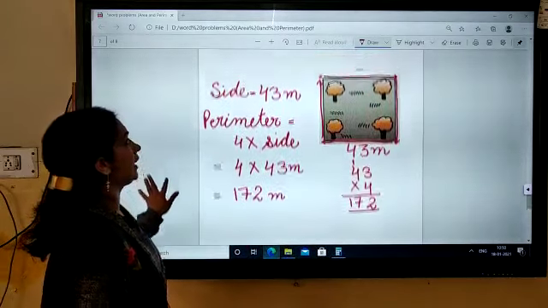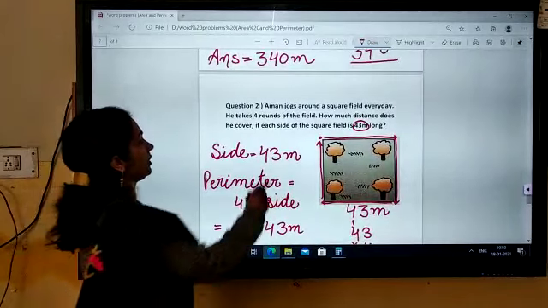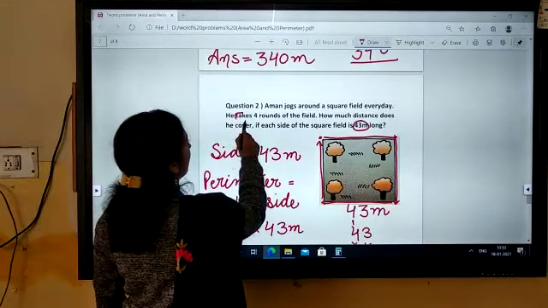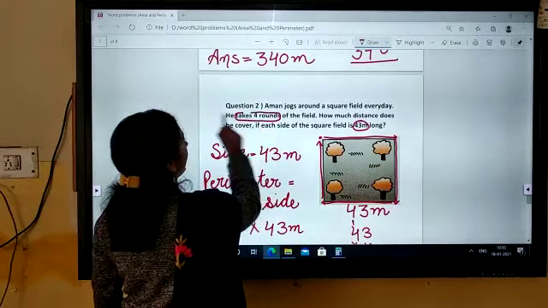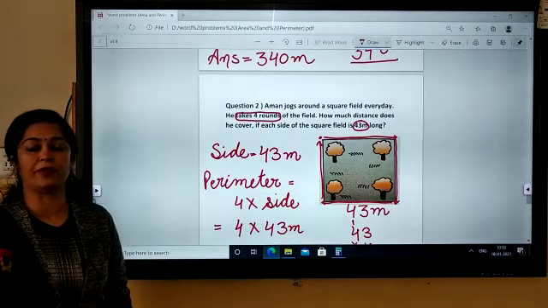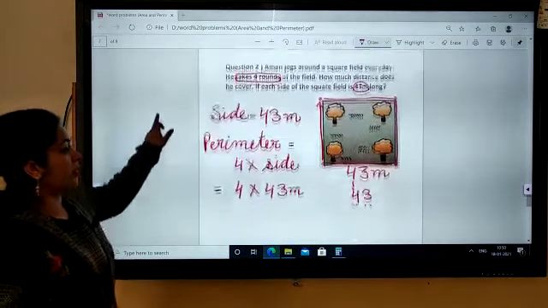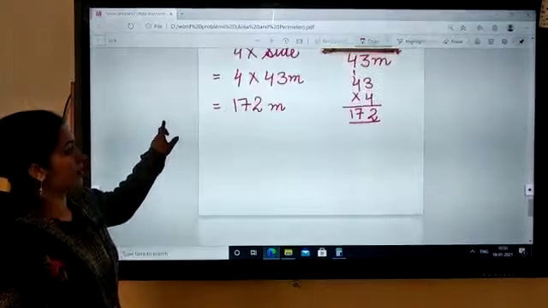Now we will see how many rounds he is taking. He is taking 4 rounds of that field. So now what we will do?